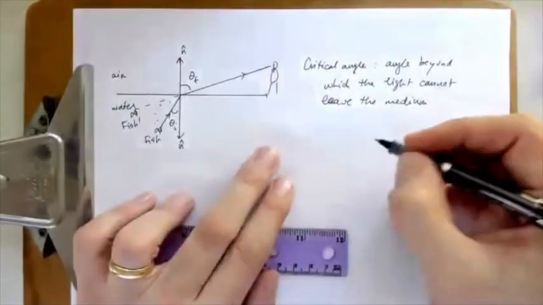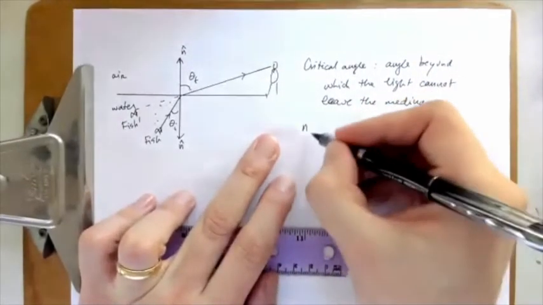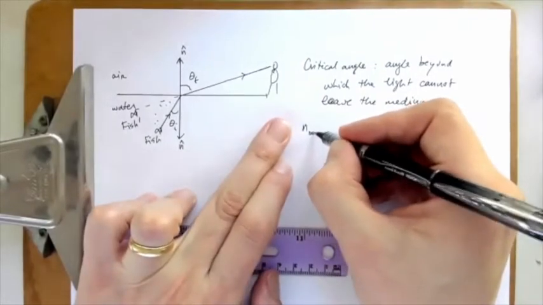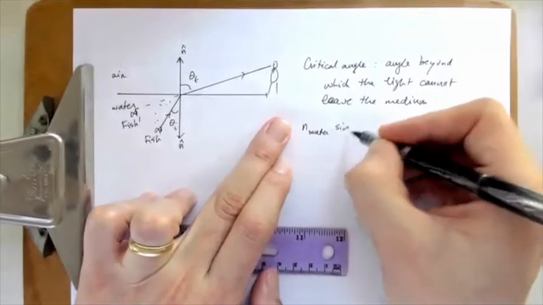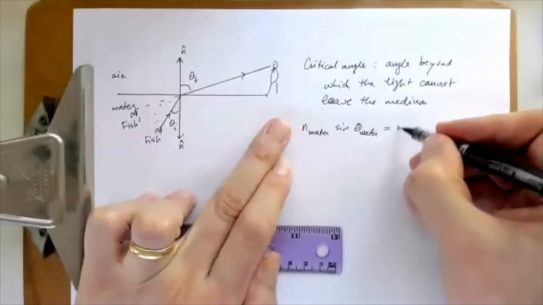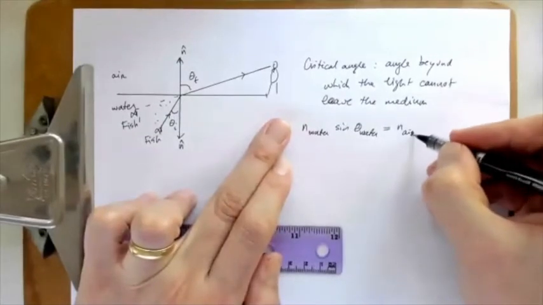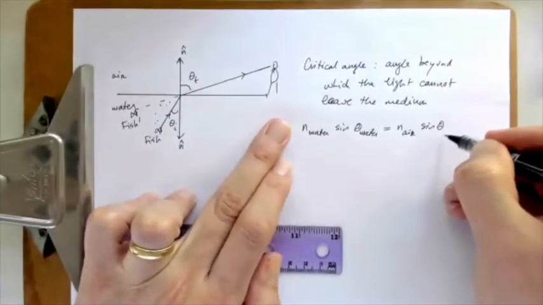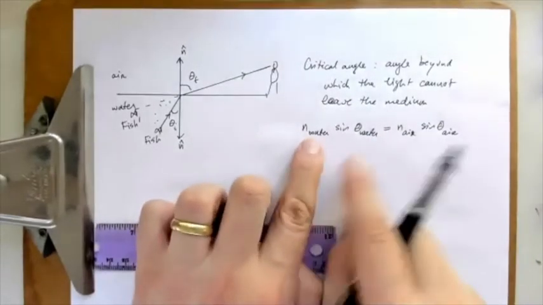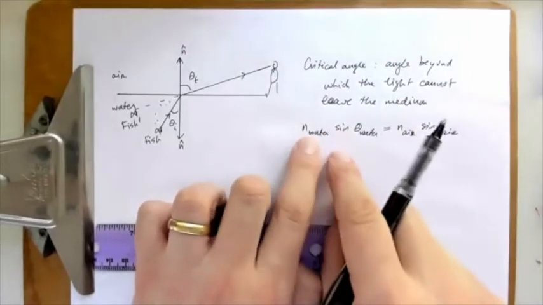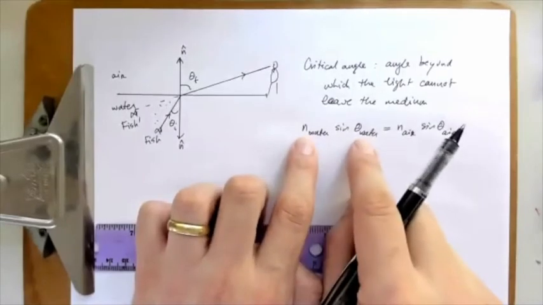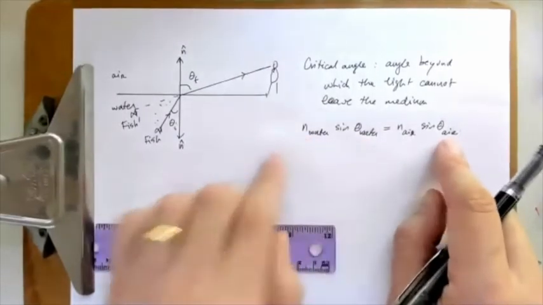So what is that? Well, we have n water sine theta water, and then we have n air sine theta air. Because n water is bigger than n air, this product needs to be the same. So if this becomes bigger, that means this is smaller. So theta water is smaller than theta air, as you can see here.